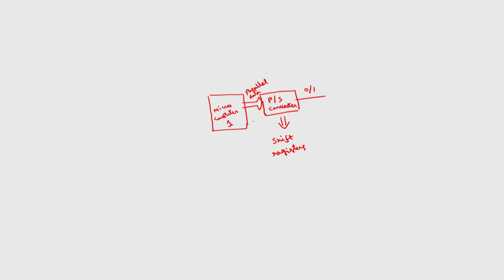Now we have parallel data here and serial data here. But what is the bandwidth of this serial data? As I have told, it is of the order of megahertz, but I want to transmit over the telephone line. I am going to connect only one transmission line. So what is required here is a modem.